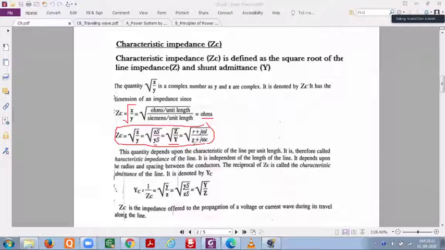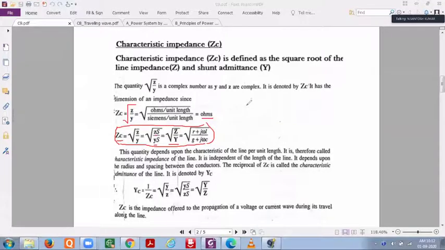Y is again conductance and capacitive susceptance. Because we are going to make one important conclusion in this. Let's try to understand the point here. In ZC we have Z and Y, Z as R and L, Y as G and C.